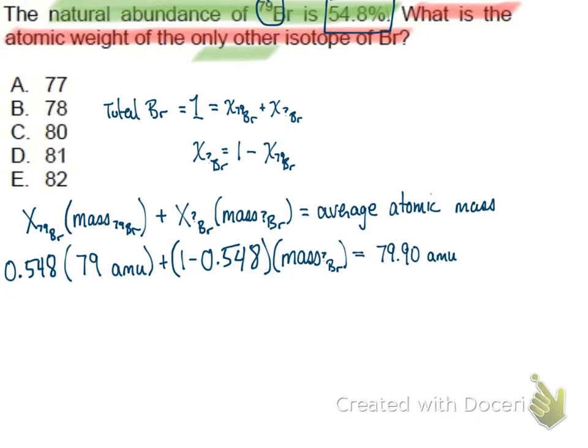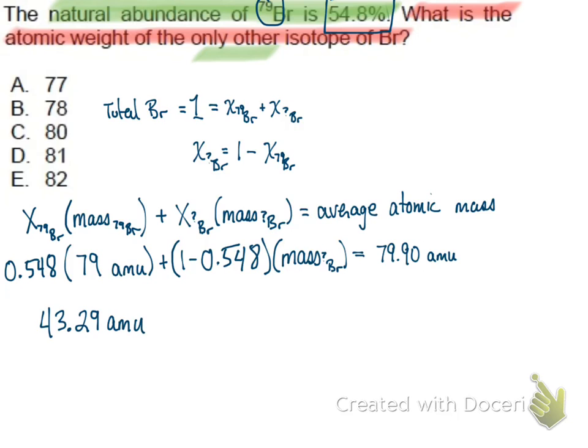Now we have this problem basically solved. All we need to do is run some numbers, rearrange it, and then read off our answer. So let's go ahead and do that. On the left-hand side of the equation, we're going to find that 0.548 times 79 is just equal to 43.92 atomic mass units.